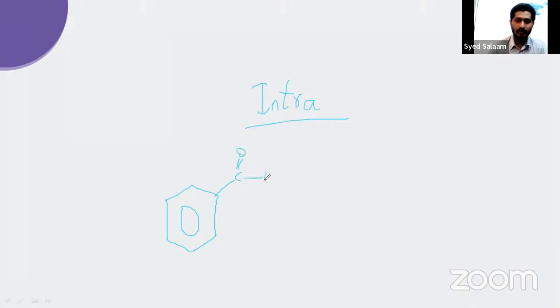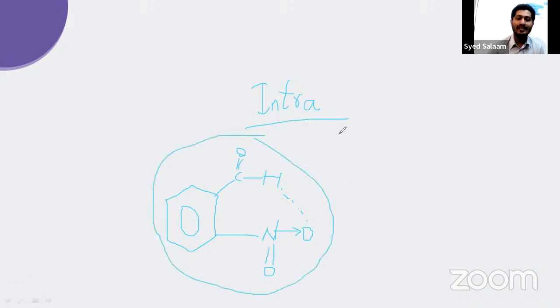having this H and a nitro group, NO2. Here, this oxygen of NO2 will have hydrogen bonding with the aldehyde. Okay, so this sort of hydrogen bonding is happening within the same molecule.